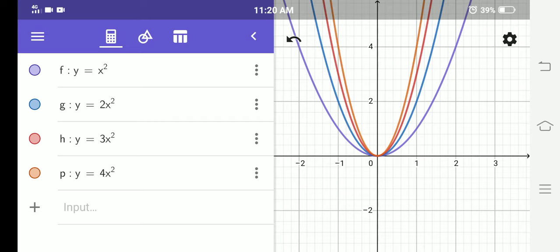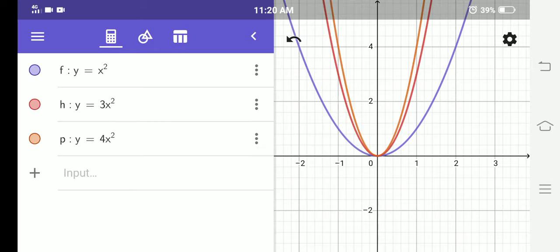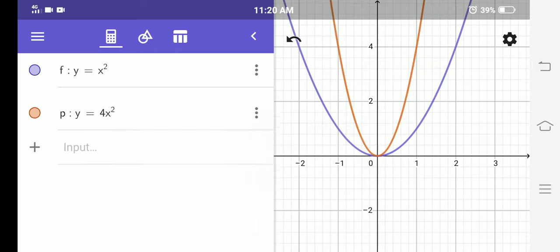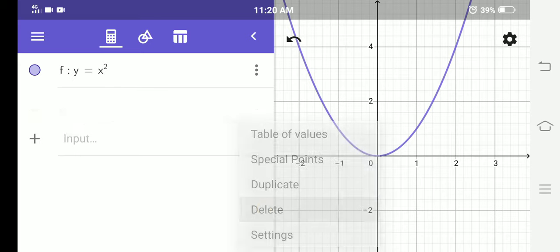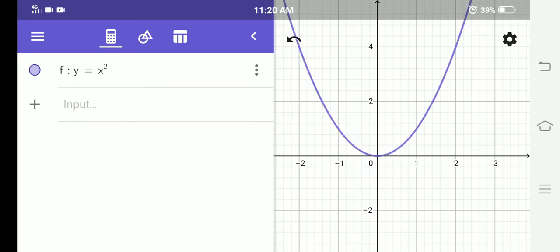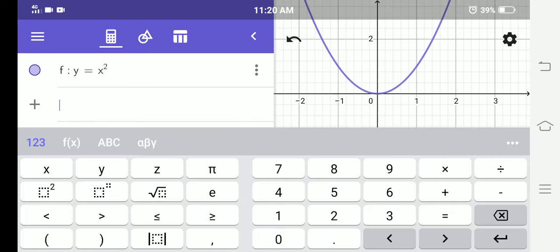Okay? So, ngayon, paano naman kung palitin natin yung value ng a? Instead of making it bigger, gawin natin smaller in value. For example, y is equal to 1/2 x squared.